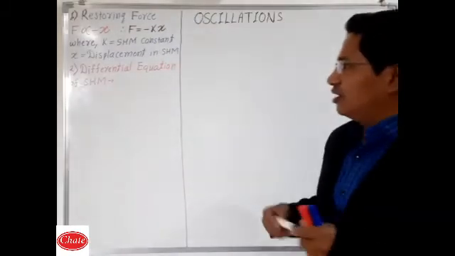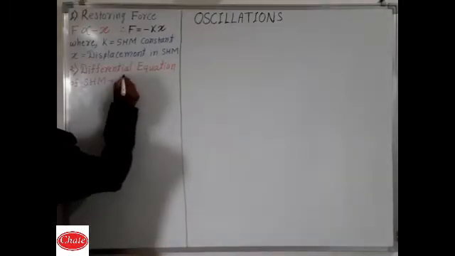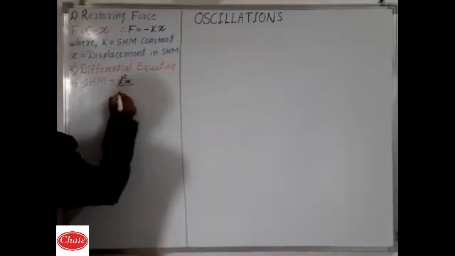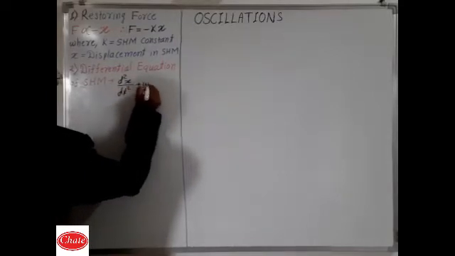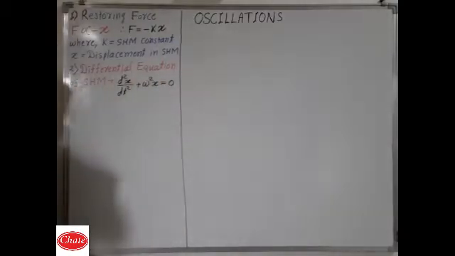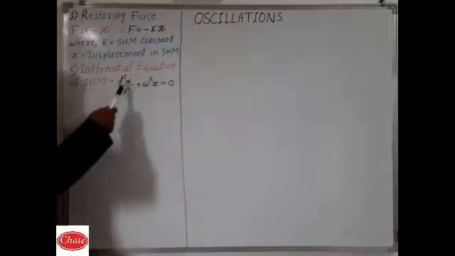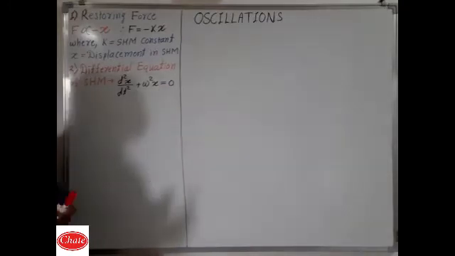It is very simple. It is d square x by dt square plus omega square x equal to 0. A differential equation: d square x by dt square plus omega square x equal to 0.